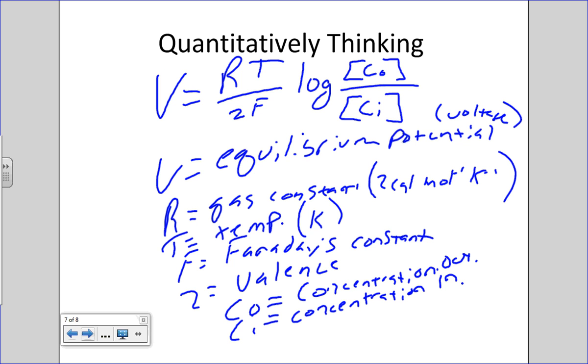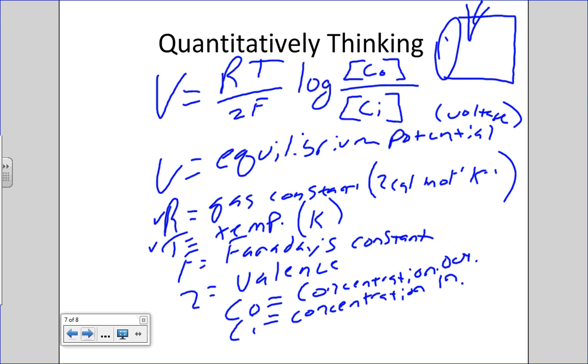So what we're saying here is that we can theoretically use this calculation to figure out this equilibrium potential without actually having to stick an electrode inside that neuron. Now, we have to do this by gathering some information. The gas constant relates to the pressures involved in diffusion.